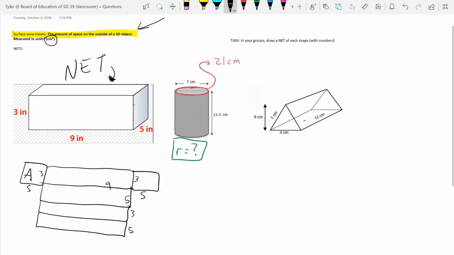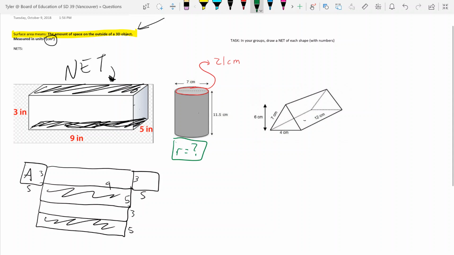Okay, so the idea is that base, let's just draw it here, is 9 by 5, and the top is 9 by 5 as well. Those are these ones right here. The 9 by 3s are the front that we can see right here, as well as the one on the back of it, the same mirror shape.